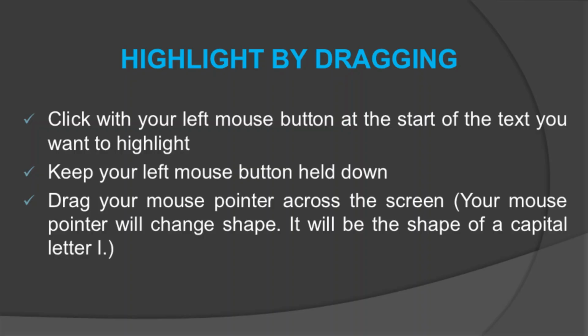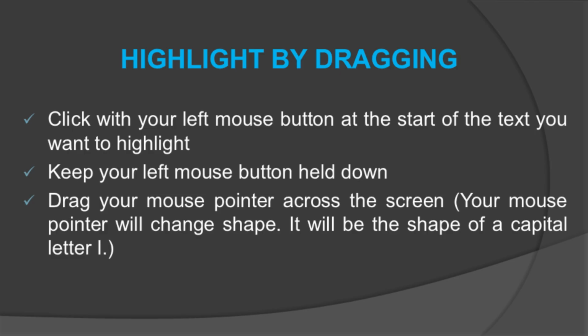Highlight by dragging. This is another tricky one when you're starting out. A bit of practice, though, and you'll soon master it. To highlight some text by dragging, do the following. Click with your left mouse button at the start of the text you want to highlight. Keep your left mouse button held down.